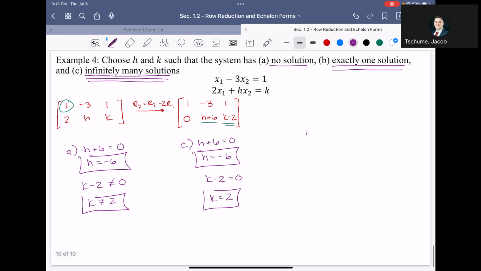For part B, different kind of thinking. Let's go back and answer exactly one solution. So for exactly one solution, it's kind of the opposite of what A and C have been. If you want to have exactly one solution, this number, the H plus 6, cannot be 0 because we have to force there to be a pivot position there. So a pivot position can be any number other than 0.